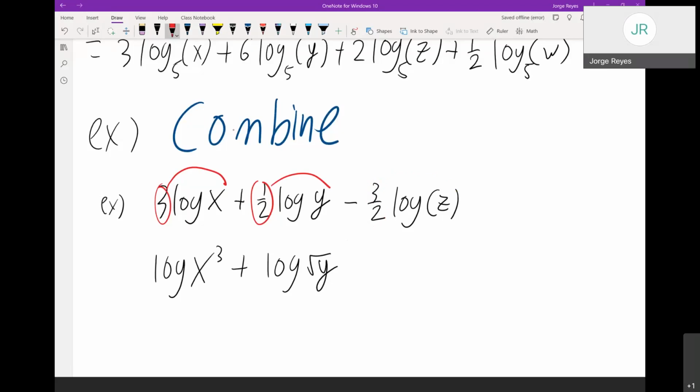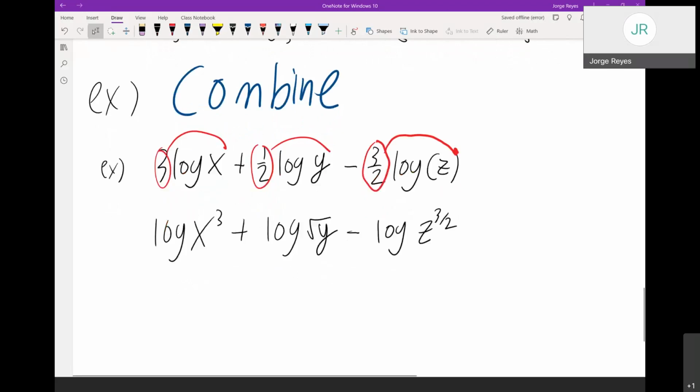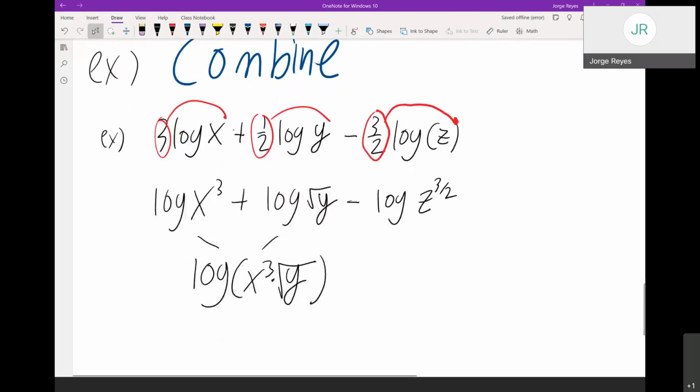I'm gonna leave the minus sign, so I'm gonna do it like this. So minus log z to the 3/2, which is square root z cubed, okay? But now, combine these two using the product rule. So I get x cubed times square root y. And then this thing will stay here.